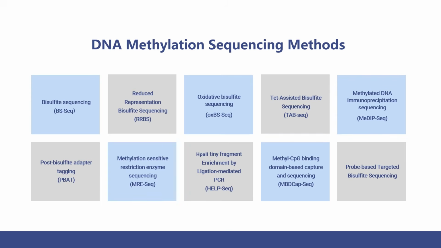Some representative methods include bisulfite sequencing, reduced representation bisulfite sequencing, oxidative bisulfite sequencing, TET-assisted bisulfite sequencing, and methylated DNA immunoprecipitation sequencing. More sequencing methods are also listed.